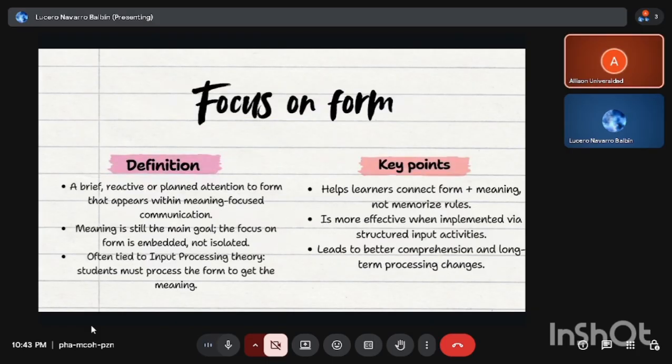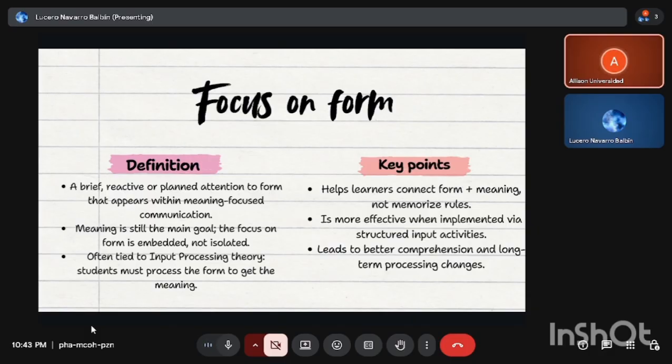Now let's look at the second concept, focus on form, but this time without the S. This approach is very different. Instead of organizing the lesson around grammar, we organize it around meaning and communication, and the grammar appears only when it's needed.